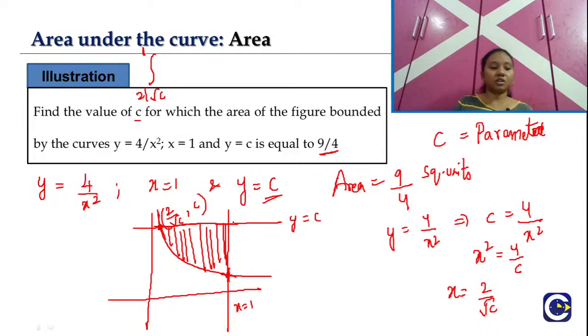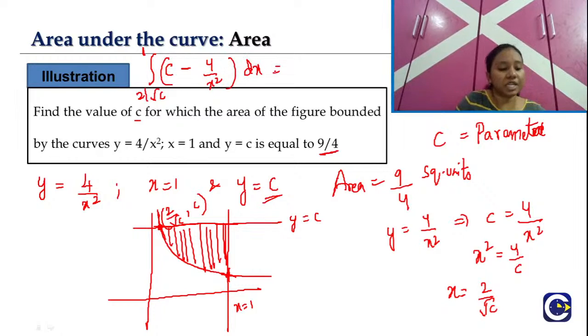So my upper curve here will be y equal to c. So it will be c minus the lower curve, which is 4 by x square, dx. So this is my integration for the area, and it is already given that this area will be equal to 9 by 4 square units.